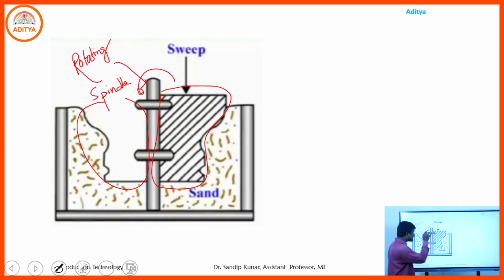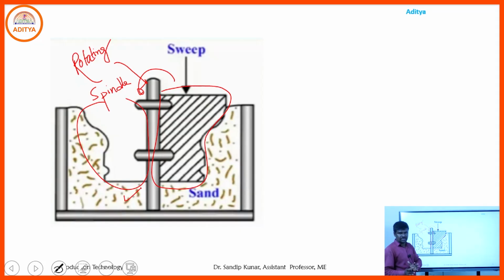That type of shape is also produced on that side. Okay, and after preparing the mold cavity, then we pour the molten material, and the same symmetrical shape will be produced using that sweep pattern.